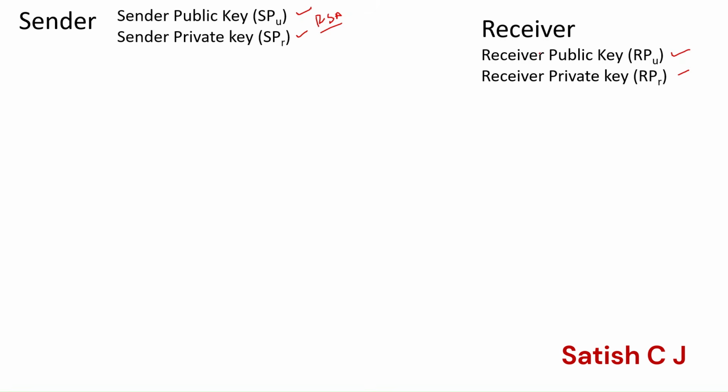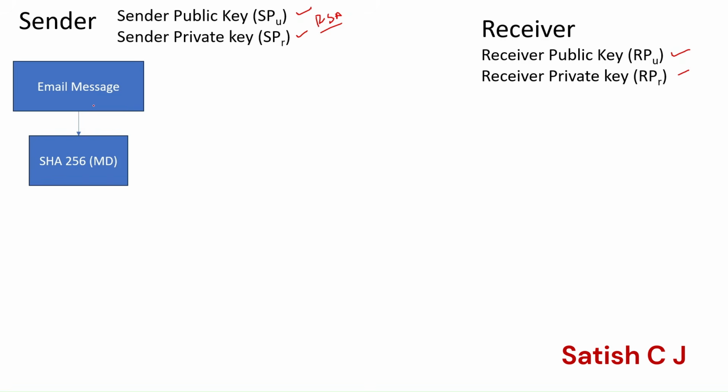Once the sender and receiver have generated their public and private keys and verified them, the next step is the sender sending an email to the receiver. The plain text email message is taken by the sender and given to a hashing algorithm like SHA-256, and we create a message digest.